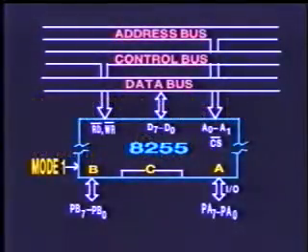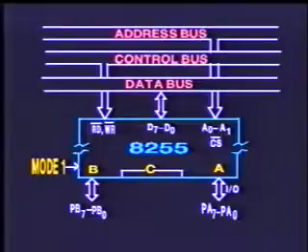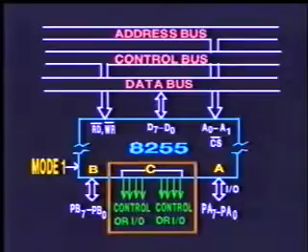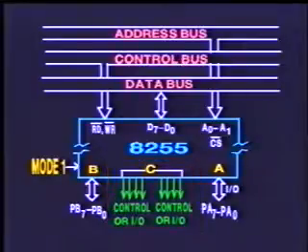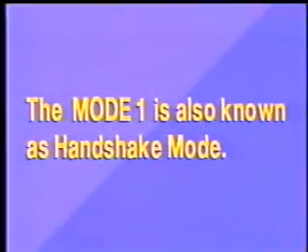Under mode 1, the port A or B can be set for input or output operation. The bits from port C are used as control signals. These control signals are used for handshaking. The mode 1 is also known as handshake mode.